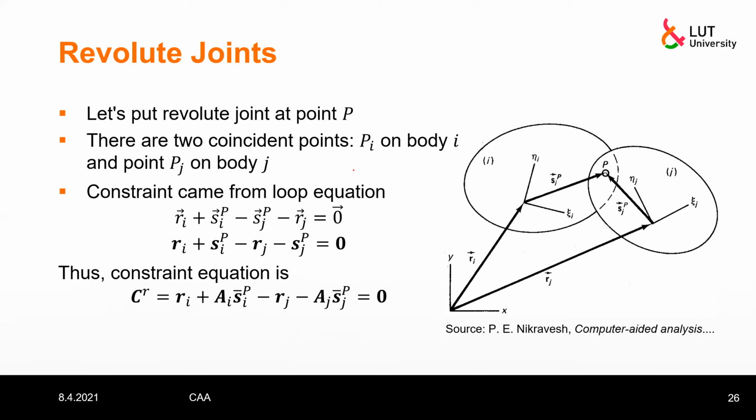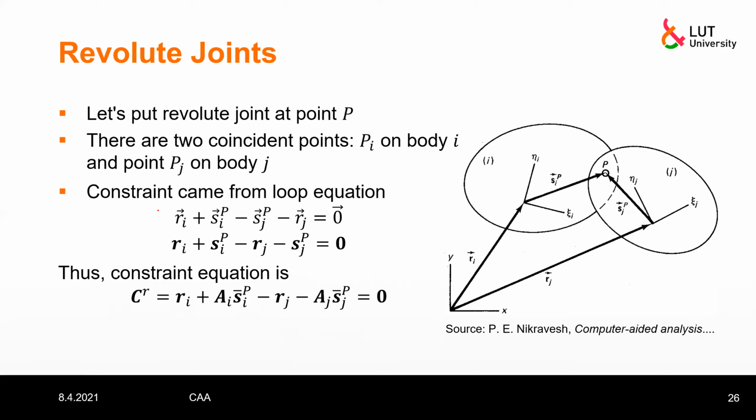And how to describe that joint? Firstly, we observe that point P can be described with respect to both bodies. So we have 2 coincident points: point P i described with respect to body i, and point P j described with respect to body j.